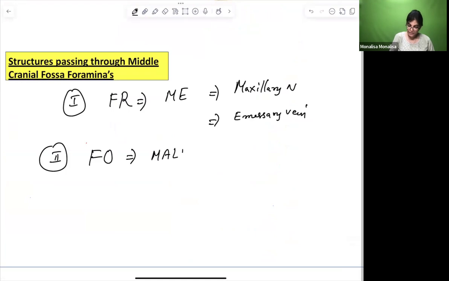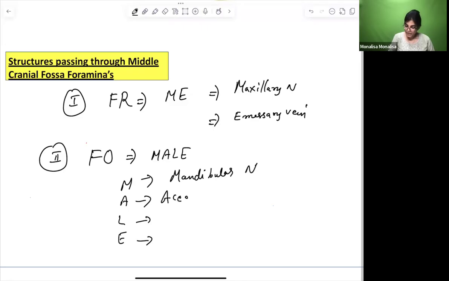MALE: M for mandibular nerve, A for accessory meningeal artery, L for lesser petrosal nerve, E for emissary vein.